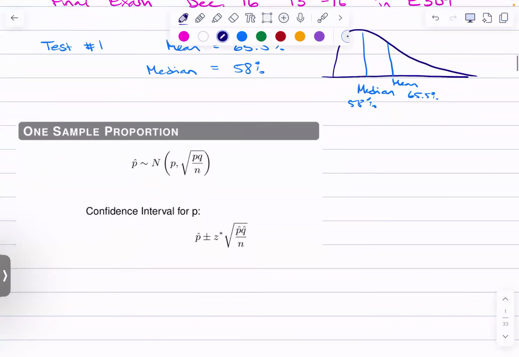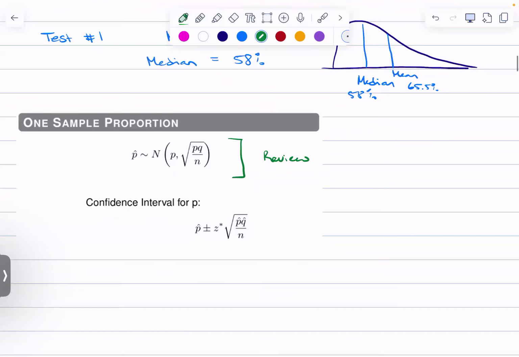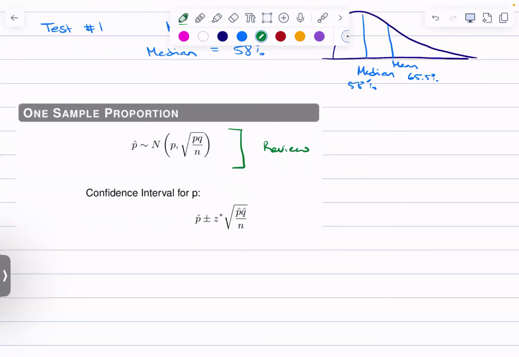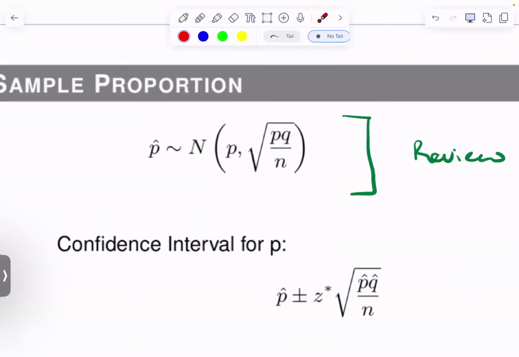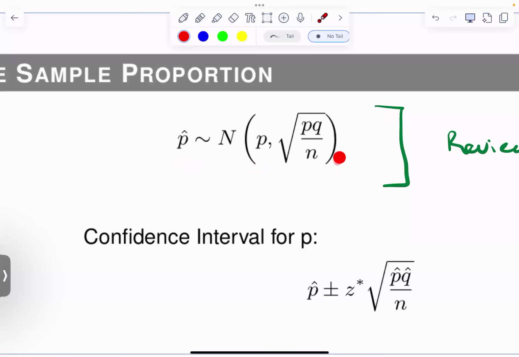And so for review, we were here. And we said that, okay, on our formula sheet, even though we tend to ignore this part of the formula sheet later on, it is happening in the background, and so we have to talk about it at least once, which we did last day.